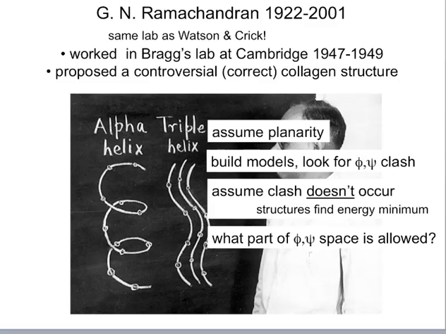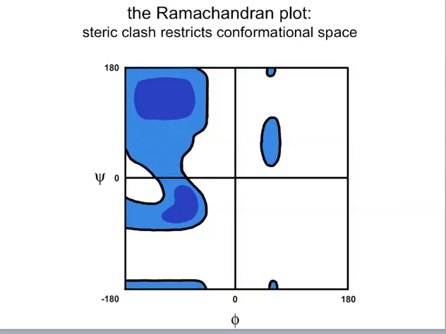That is to say, what phi-psi angles for a particular set of amino acids, say, are allowed and what are disallowed by steric clash. This allows us to make predictions, really based on very simple models, predictions of the true behavior of proteins. And of course, we can go back and assay our predictions for their validity experimentally. But what he did was make predictions, and they amount to what we now know as the Ramachandran plot.